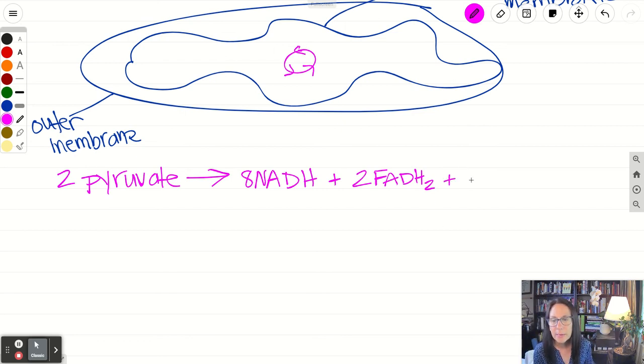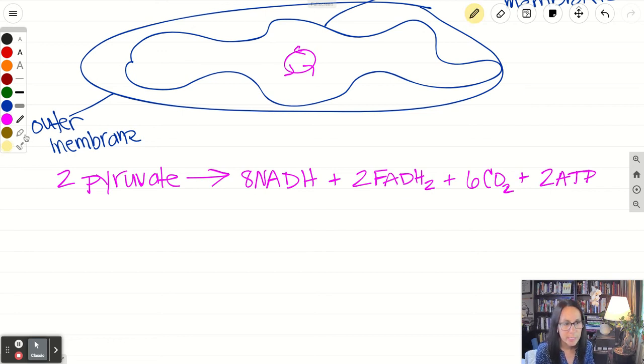And then we're going to make 6 carbon dioxides, and then we're going to have 2 ATP. Okay, so there's all these steps that happen in the citric acid cycle, lots of chemical reactions, each one catalyzed by an enzyme. And what comes out of the citric acid cycle is all this stuff.